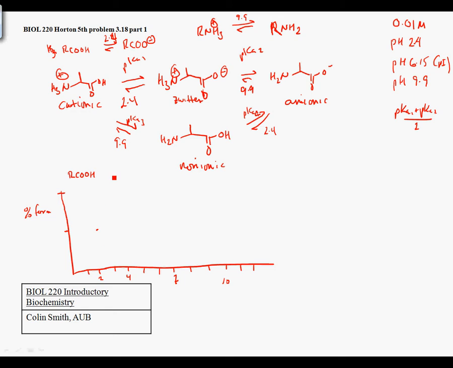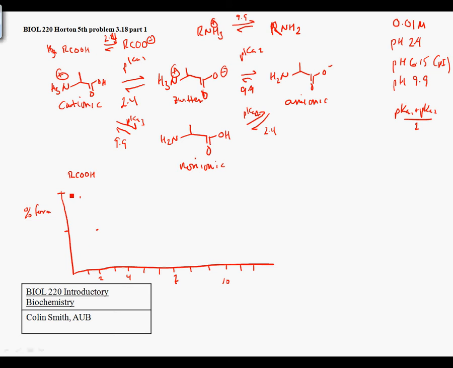And at 1 pH unit below its pKa, it'll be 90% in this form and 10% in this form. So that would be 1.4, somewhere around here. And at 2 pH units below its pKa, that would be 0.4. It would be 99%.